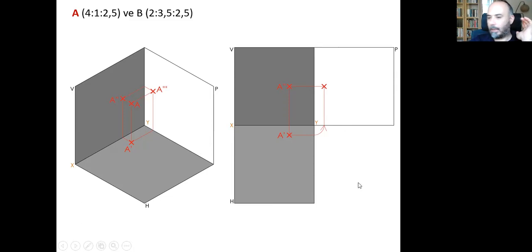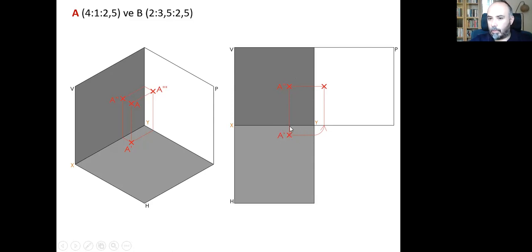I am ignoring the rest of the drawing for now, and in order to locate the position of A double prime here, I need two pieces of information: the level and the distance here. But I don't need to measure the distance one more time because it is right in front of me.